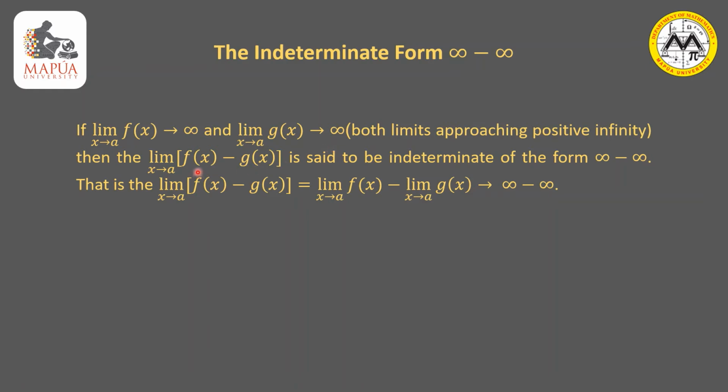So the limit of the difference f of x minus g of x as x approaches a would be equal to the difference of the limit of f of x minus the limit of g of x as x approaches a, or we have an infinity minus infinity.